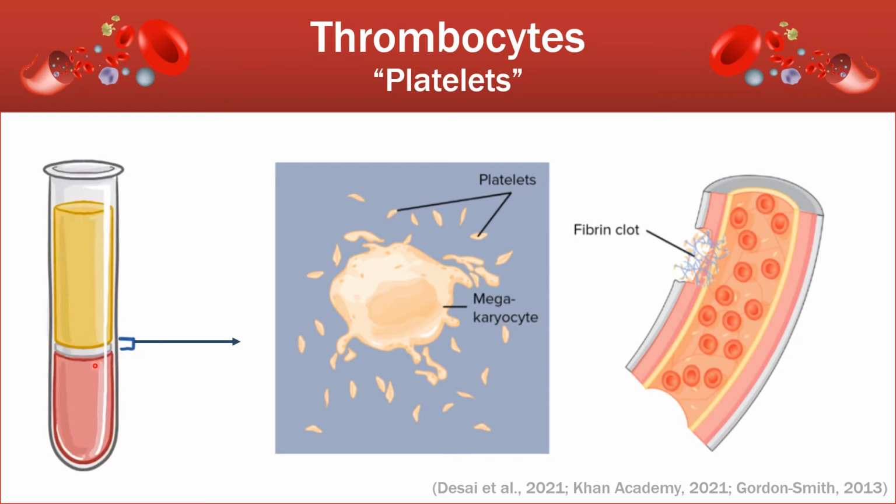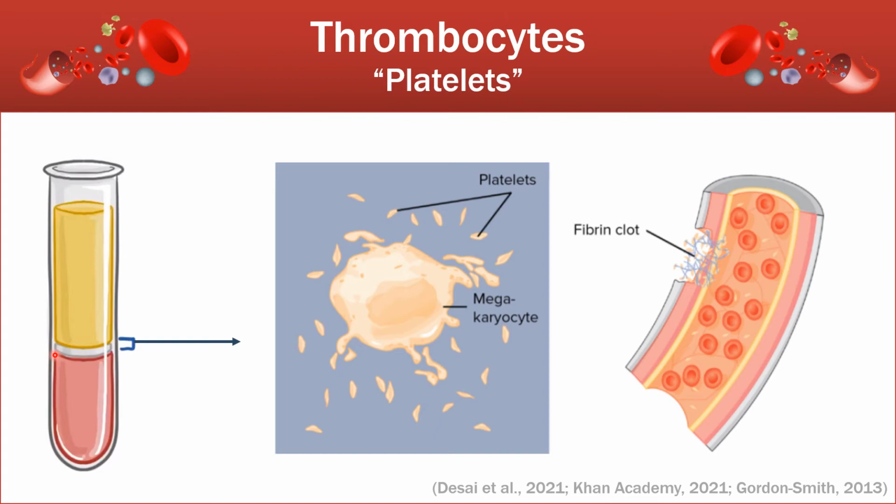And we're going to focus on the platelets, because remember, this layer is made up of both platelets and white blood cells. Platelets, which are also called thrombocytes, are very important to the body. These small pieces split off of larger cells called megakaryocytes in bone marrow.